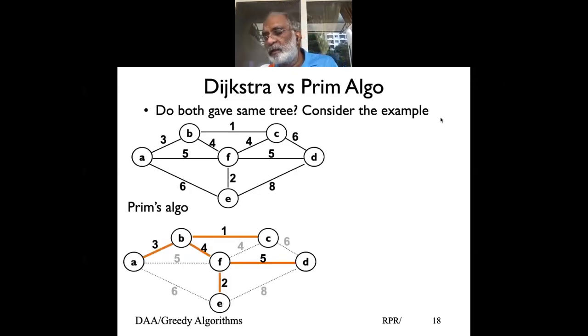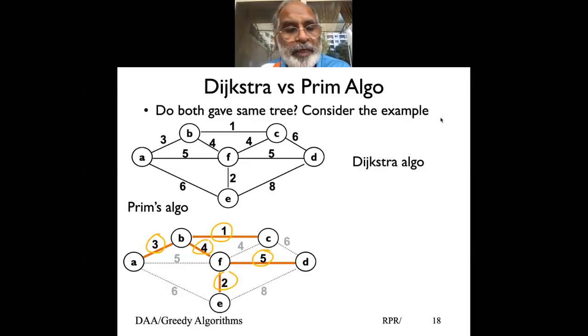If you look at the cost of this spanning tree, it is 3 plus 4 plus 1 plus 2 plus 5, which is 7 plus 1, 8, and 2, 10. So the cost is 15. The minimum cost of this tree is 15.